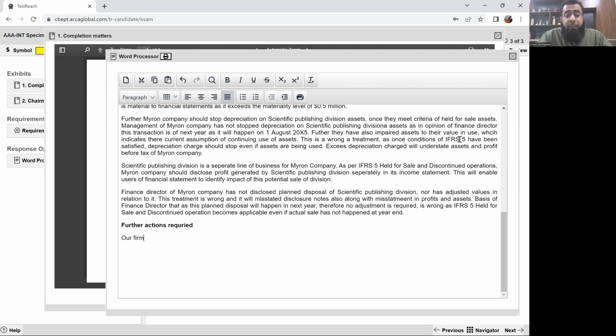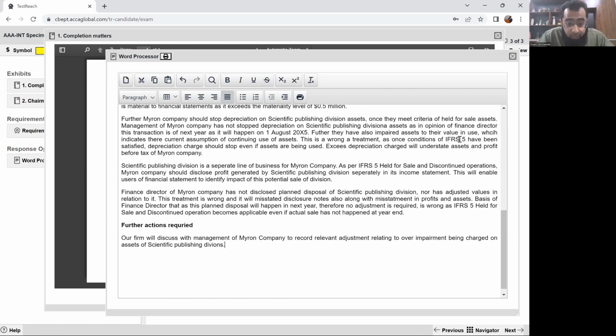Our firm will communicate or discuss with management of Myron company to record the relevant adjustment relating to over impairment being charged on assets of the scientific publishing division.